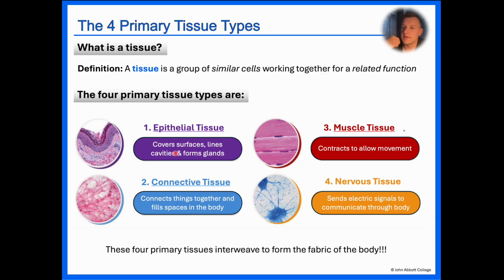Or even in your trachea that goes down to the depths of the lung, you'll have this little epithelium on top, lining cavities, right, lining blood vessels, or even forming some glands. We'll see that that could be epithelial tissue. But the main thing here to note is epithelial tissue, usually what we think about is these covering and lining types of tissue. I'm going to skip connective tissue for a minute.